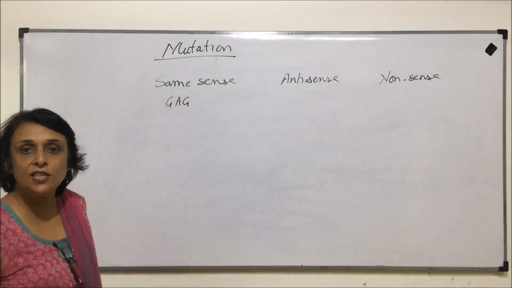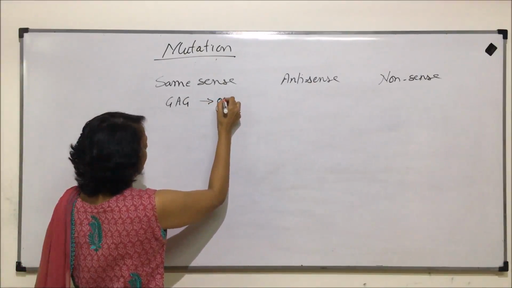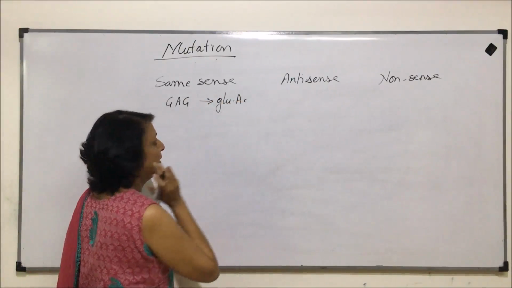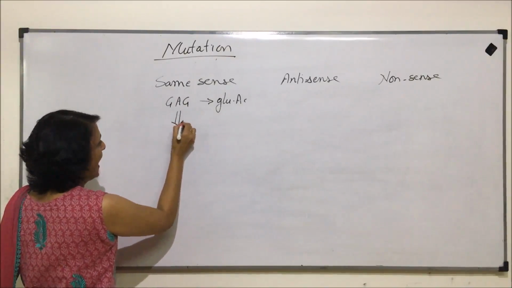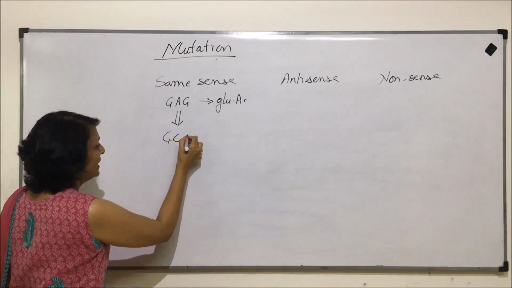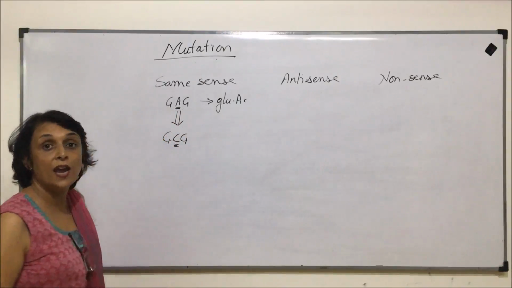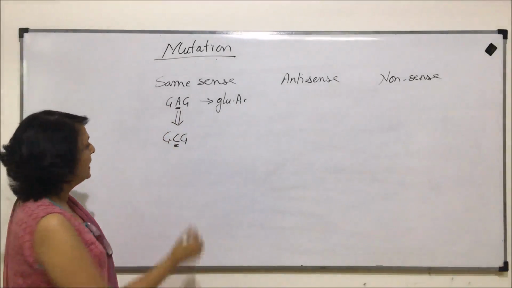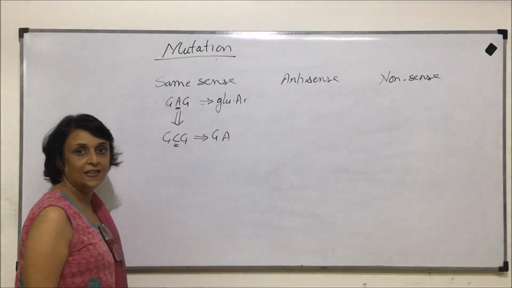We said GAG is a code which codes for glutamic acid. If this mutation takes place in this code, and after mutation the code reads as GCG, that means at this position there is a change. Instead of A, there is C now. This code also codes for glutamic acid.